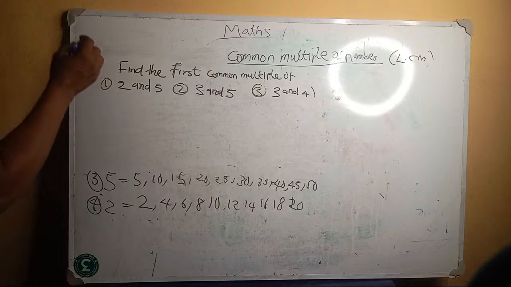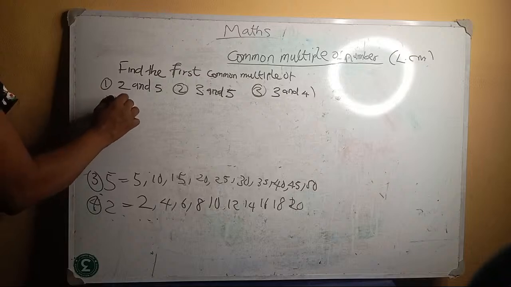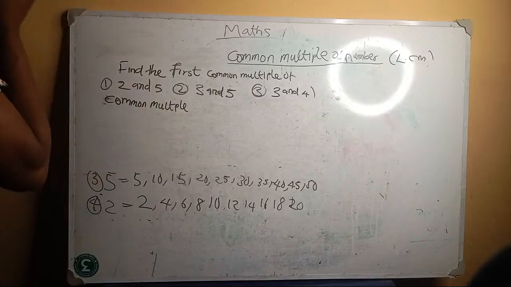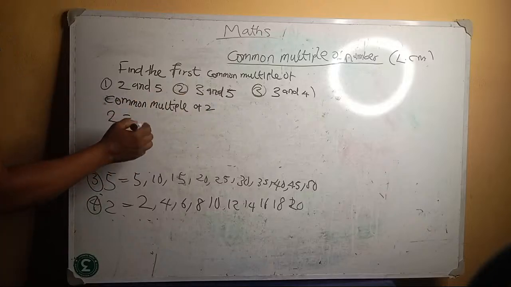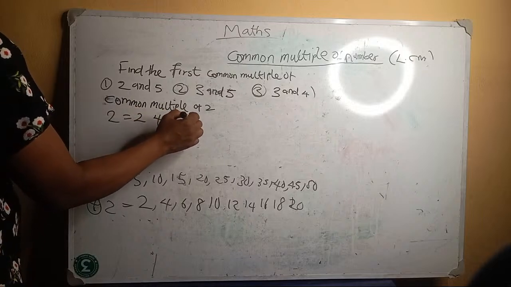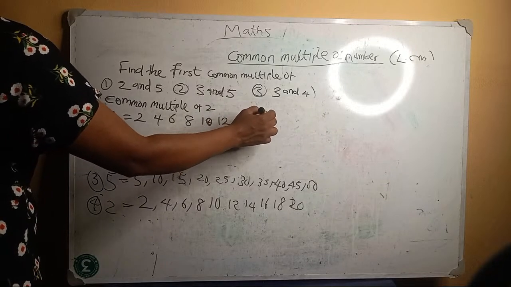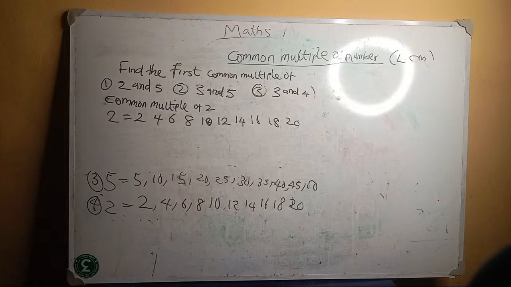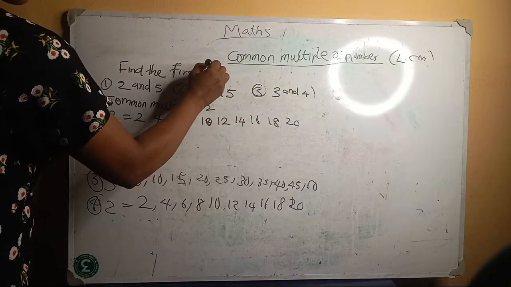The multiples of 2 are 2, 4, 6, 8, 10, 12, 14, 16, 18, 20. So where do we stop? They asked for the first five common multiples, so we should not go beyond the first five.